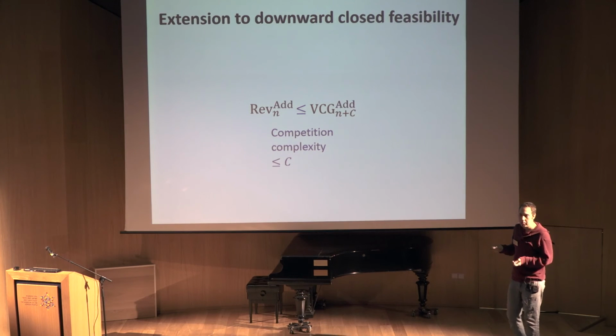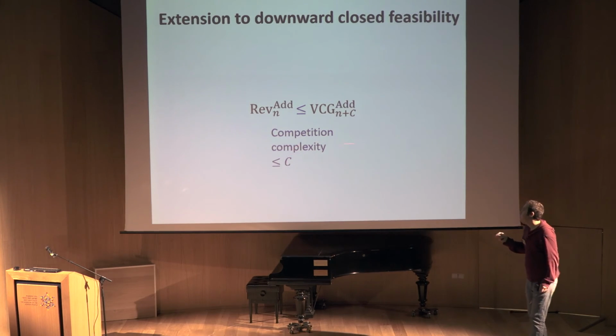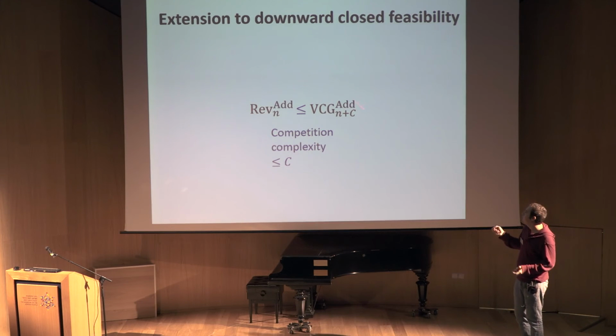And now the question: how do we extend the result beyond additive bidders? We've shown it for a single bidder, but let's say we have some bound on the competition complexity of n additive bidders, which is C, which means that the optimal revenue with n additive bidders is bounded by the revenue of VCG with n plus C additive bidders.